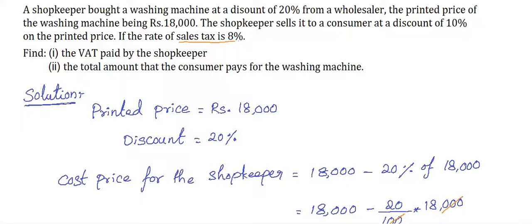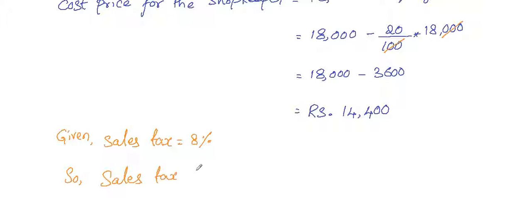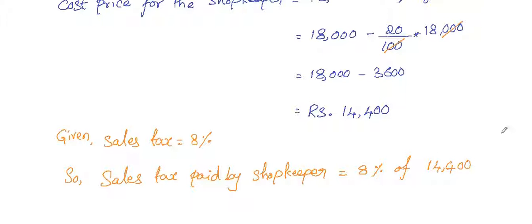And given the sales tax is 8%, so we need to find the 8% of 14,400. So sales tax paid by the shopkeeper is 8% of 14,400.